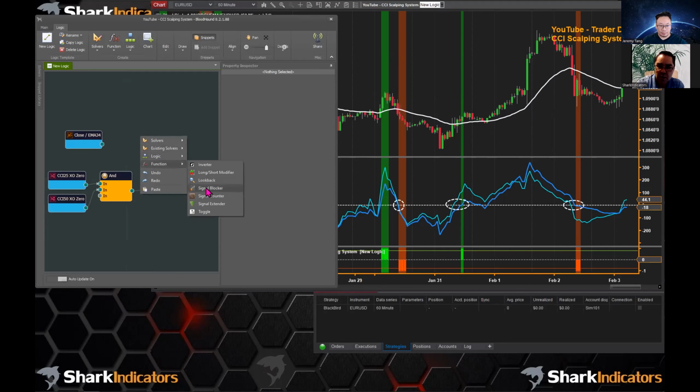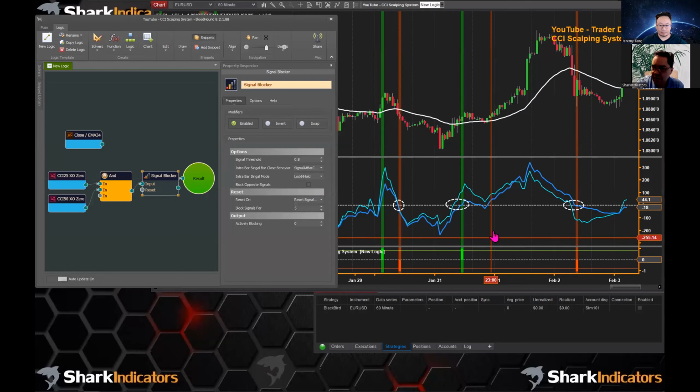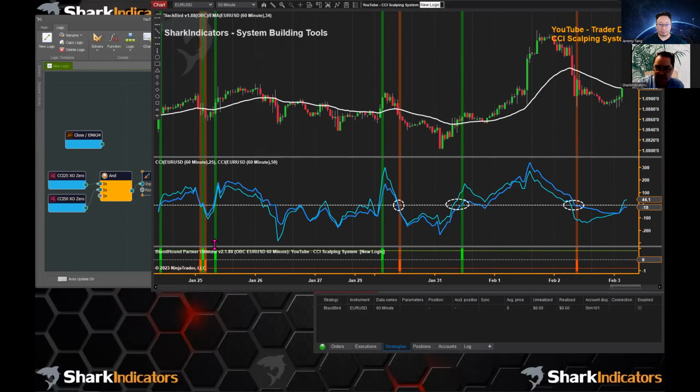We want a signal blocker, because we want to block those extra signals that happen after the fact. With the signal blocker, now we have a nice clean signal on one bar only.